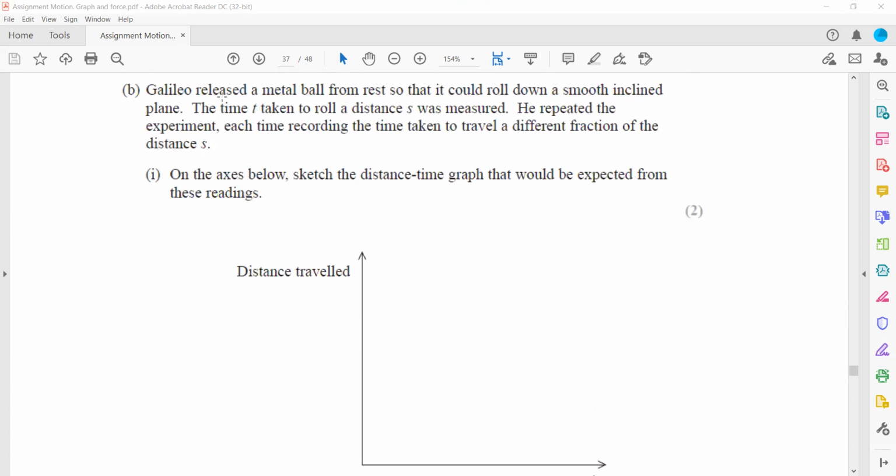As you can see, Galileo released a metal ball from rest so that it can roll down a smooth incline, and the time t taken for a roll of distance s was measured. He then repeated the experiment each time, recording the time to travel different fractions of the distance.